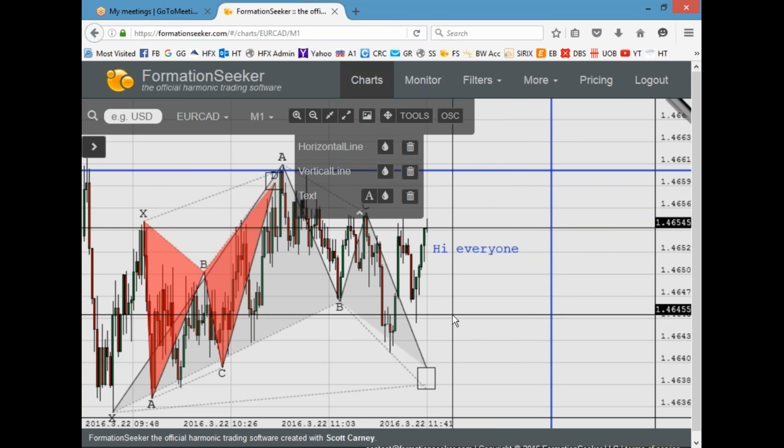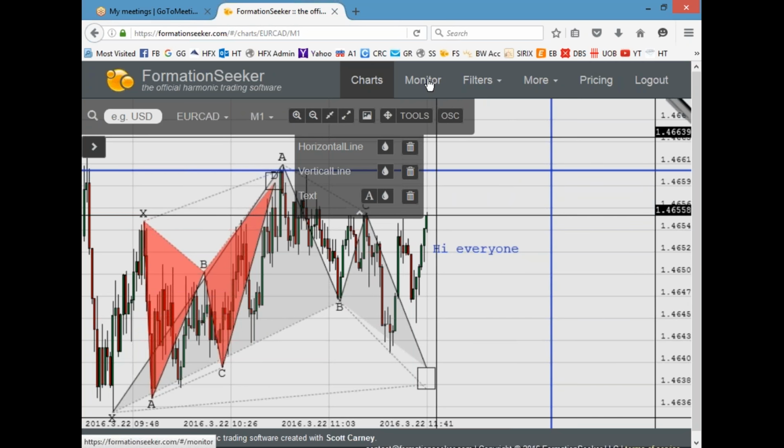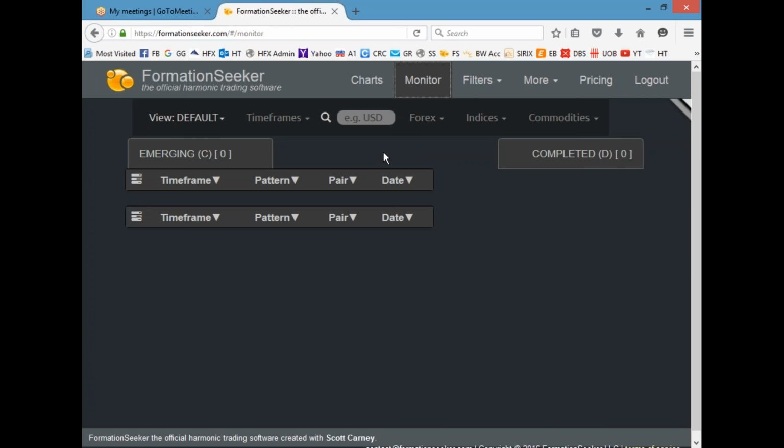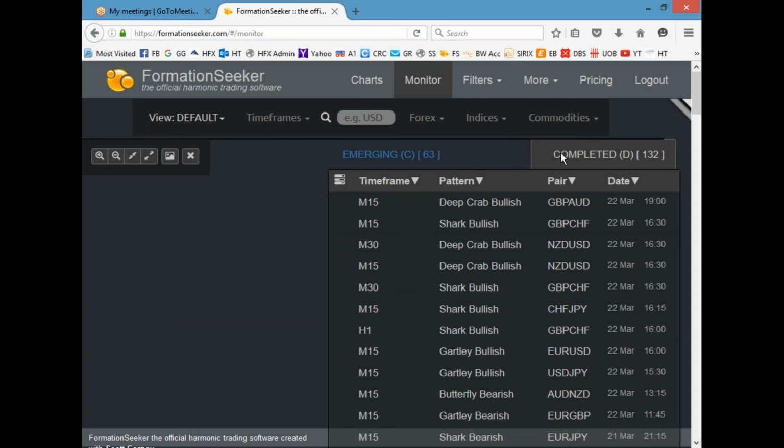Now let's get into the fun part, which is really to start monitoring your trades. I'm going to click on monitor, and then we just give it some time. You will be able to see something called emerging trades, and you can also see the completed trades.